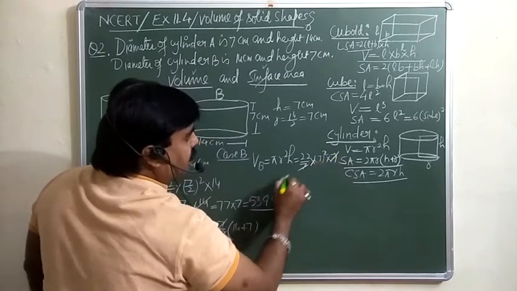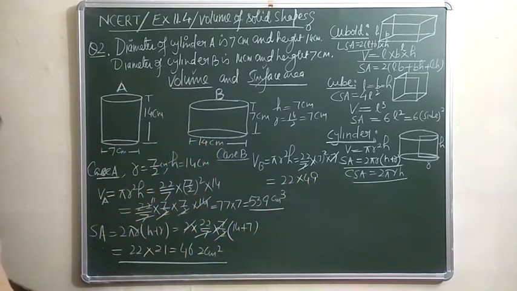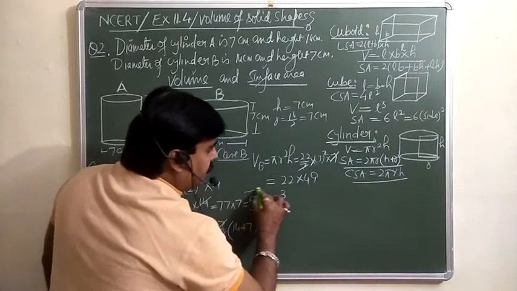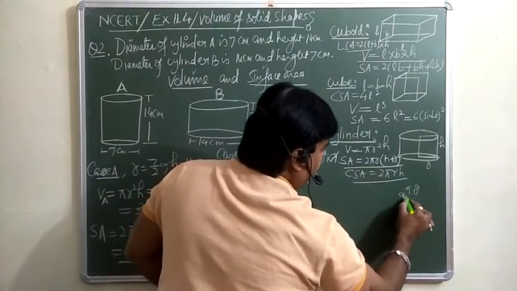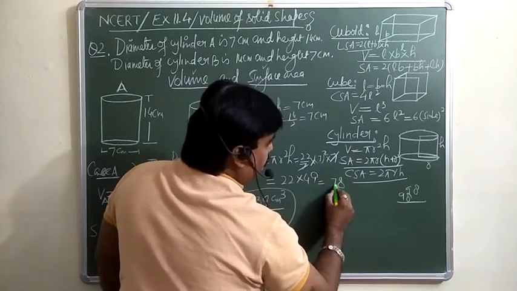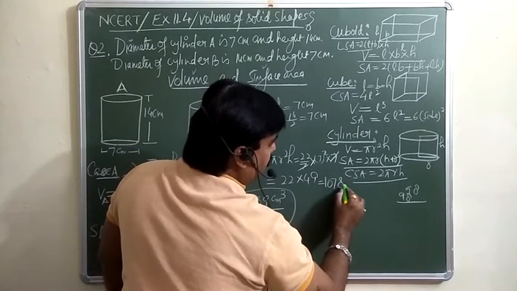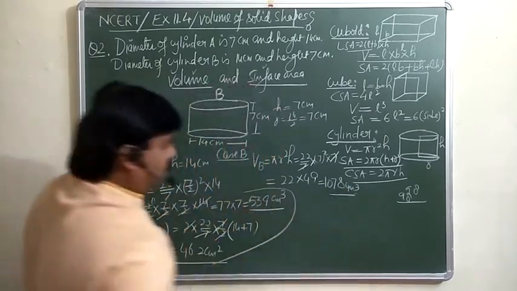So you can cancel 7. 22 into 49, you can multiply here, so 98 and 98, this is equal to 1078 centimeter cube. This is the volume here.